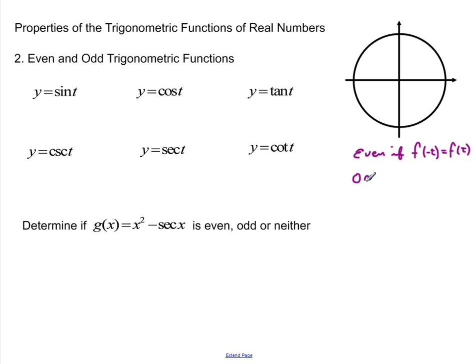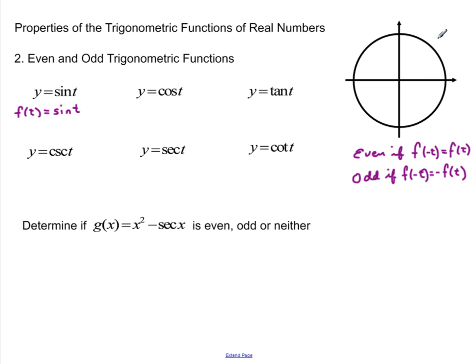And we said that we had a function that was odd if substituting in a negative value for t was the equivalent of taking the negative of the entire function itself. So what could we say about a function like f of t equals sine of t? Is it even or is it odd?